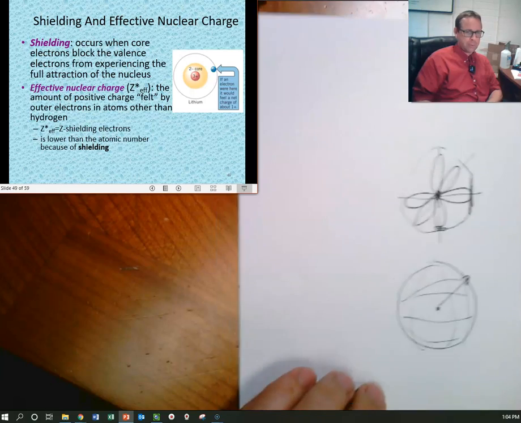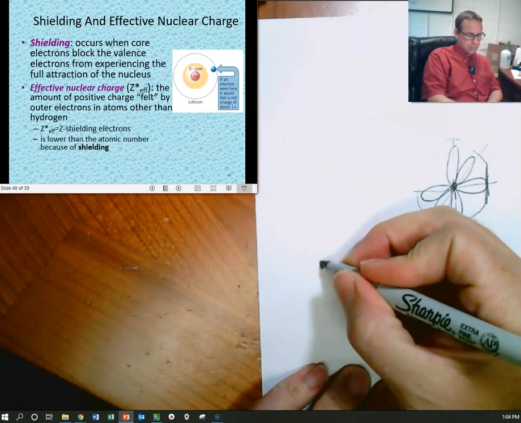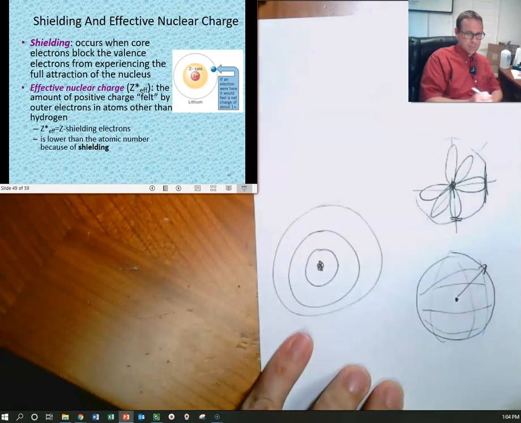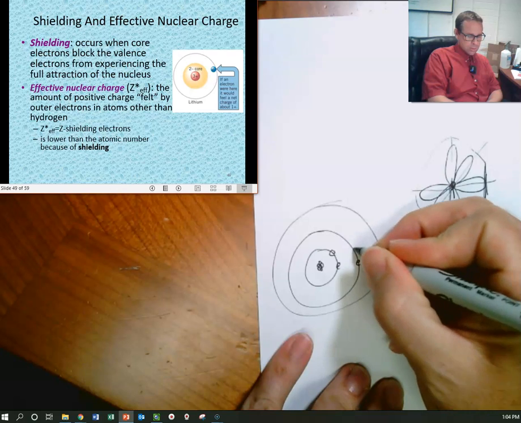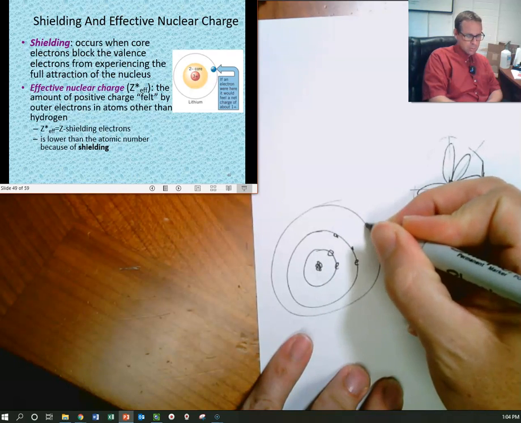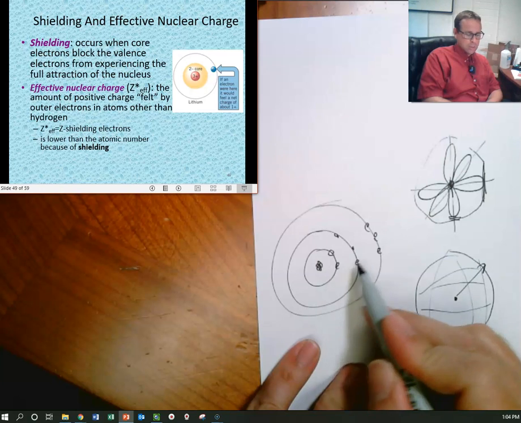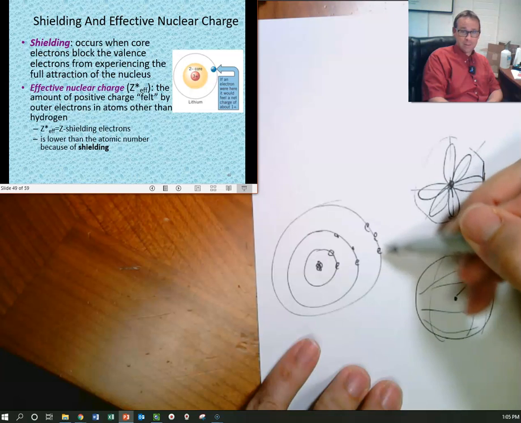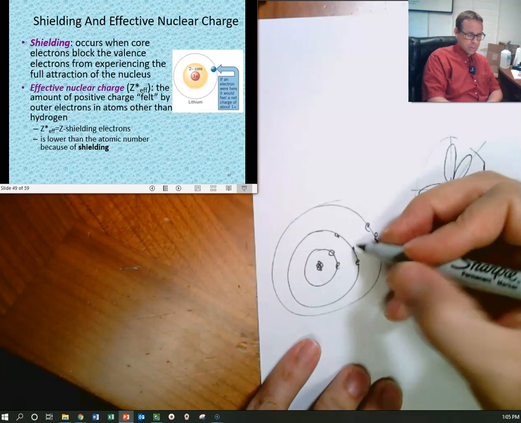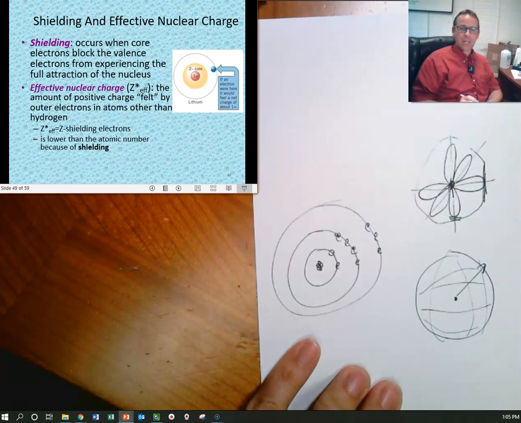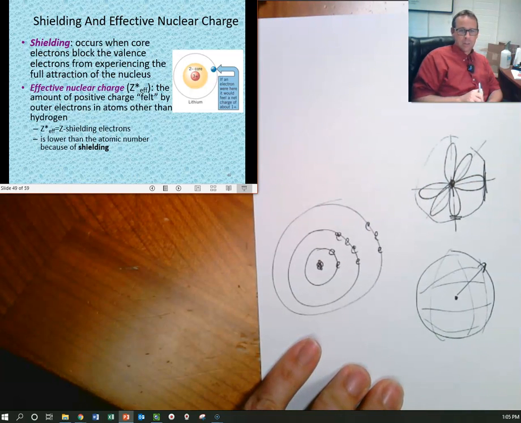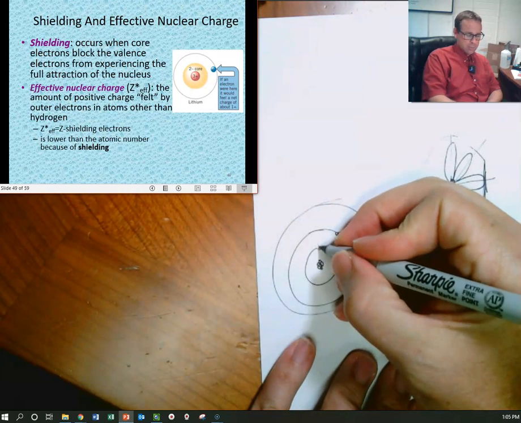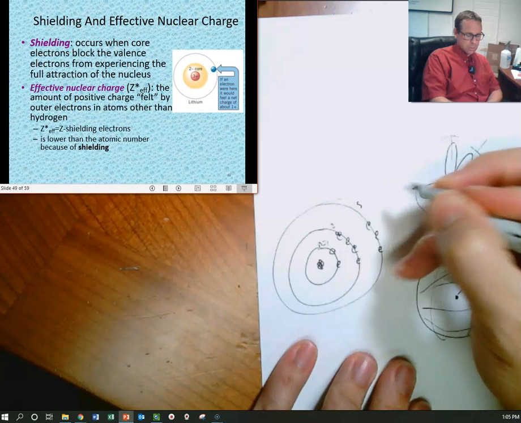Now, if we use our orbital model to think about this, then electrons that are closer to the nucleus will be shielded from the nucleus by other electrons that are kind of in the way, all right? That shielding, also the corresponding n value, remember n equals 1, 2, 3, right?